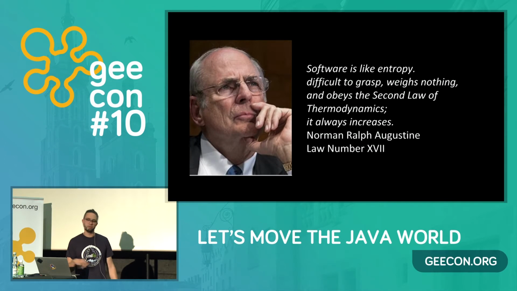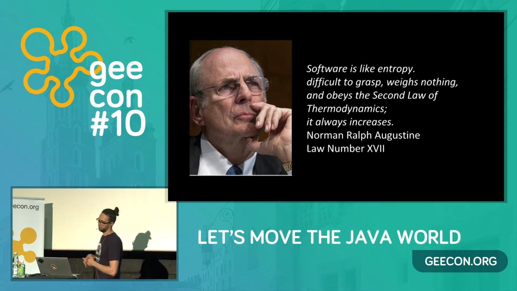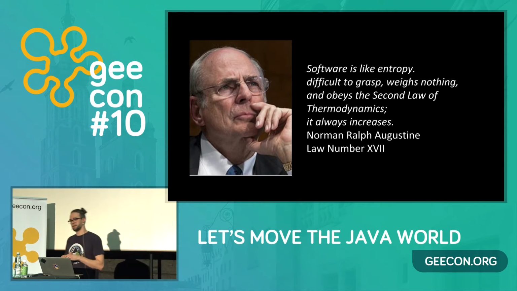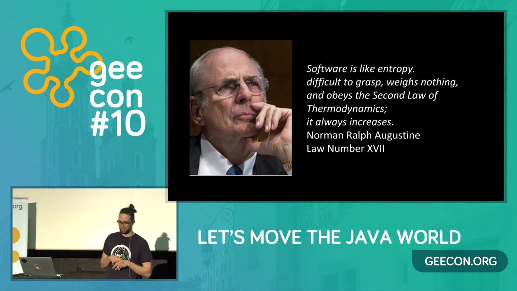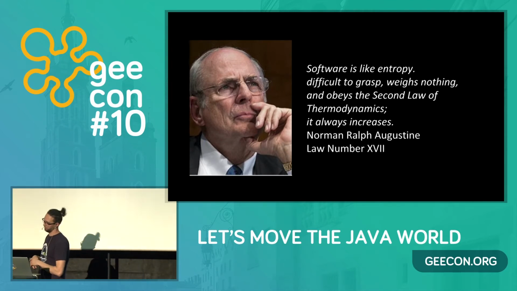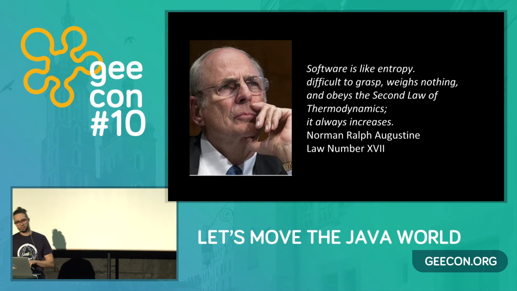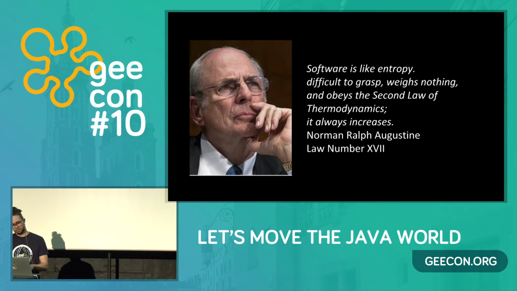So a lot of people, at least people who had some physics courses, try to relate these concepts. Norman Ralph Augustine used to be an aeronautics entrepreneur, and he has a list called Norman Augustine's laws. Law number 17 states that software is like entropy; it always increases.